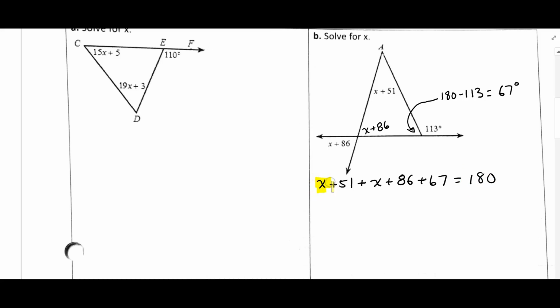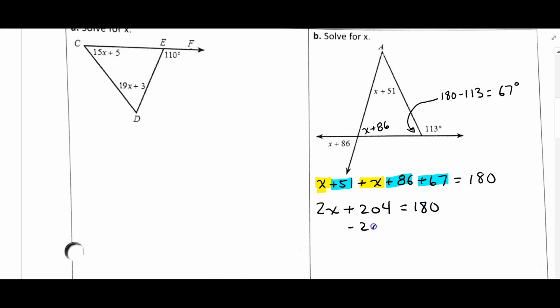So I'm going to add like terms, so I have an x here and an x here. So that gives me 2x. And then I have plus 51 plus 86 plus 67. So I'll add those like terms. And that gives me 204 equals 180.